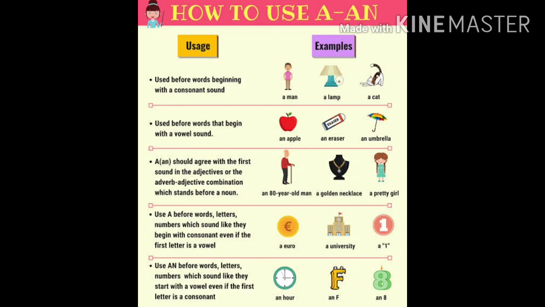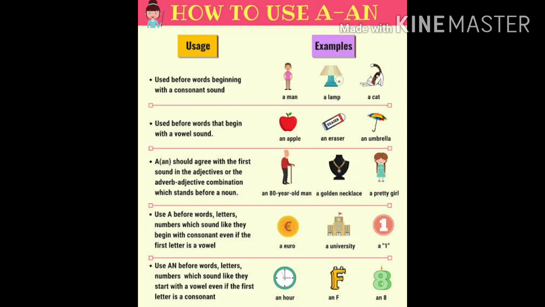See this, euro. This word starts with E, and E is a vowel, but when we are pronouncing, we are saying euro. So we are pronouncing Y, and Y is a consonant. So the pronunciation of this word starts with a consonant sound, and that's why they use a euro. Then next is university.